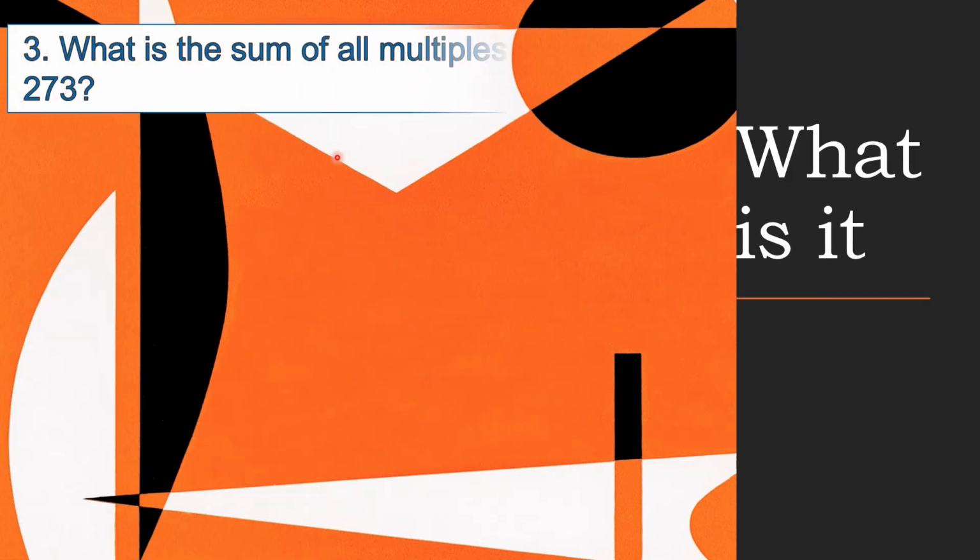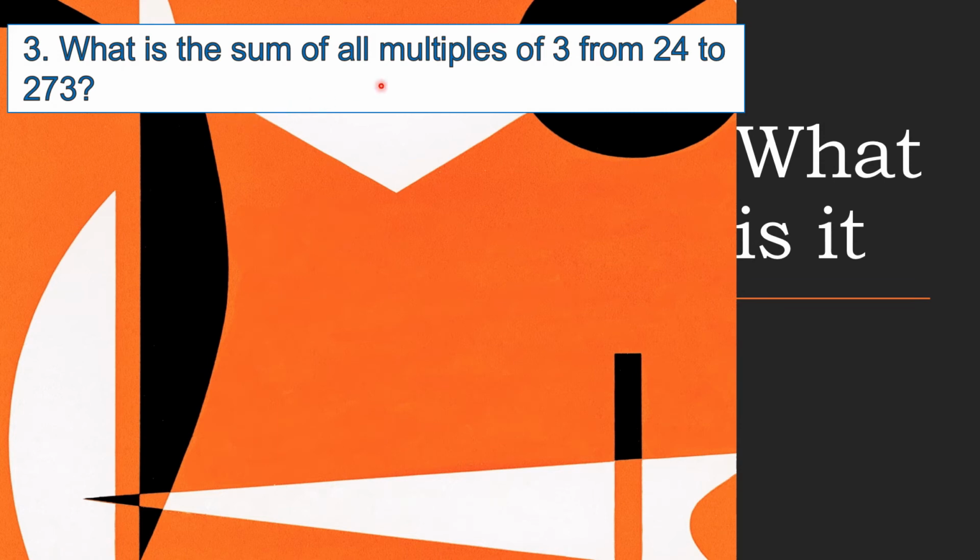Let's have our third example. What is the sum of all multiples of 3 from 24 to 273? So, multiples of 3. So, ibig sabihin, itong mga number na to ay mga multiples of 3 or pwede nating i-divide ang 3 sa kanila. Starting from 24 to 273.